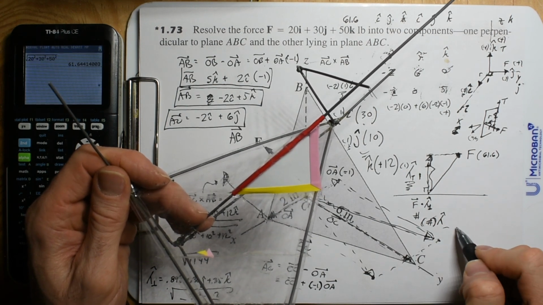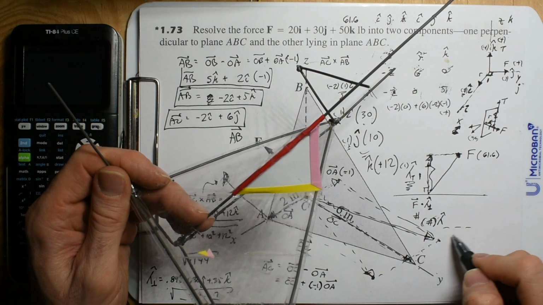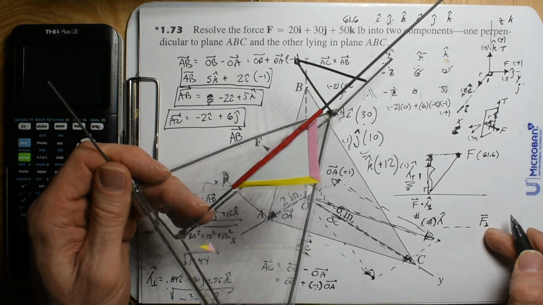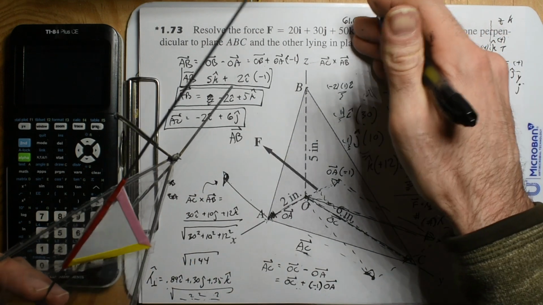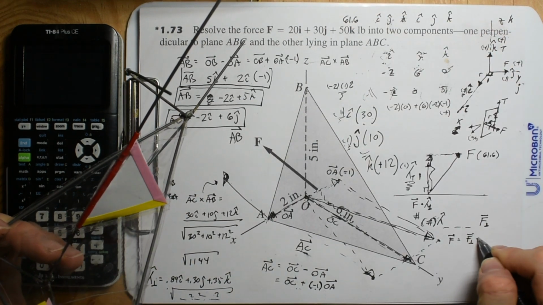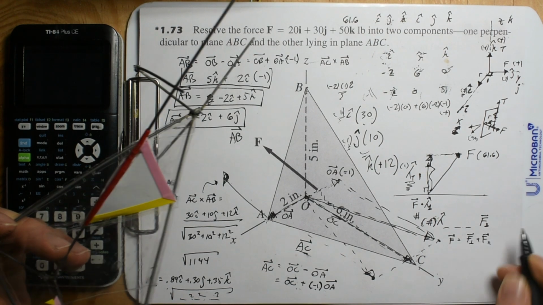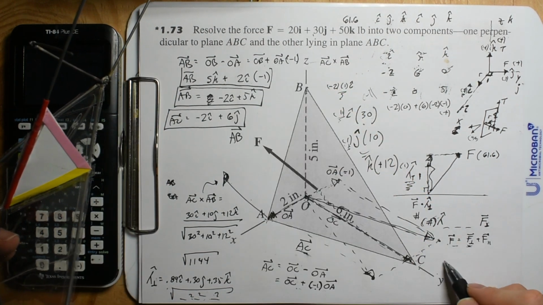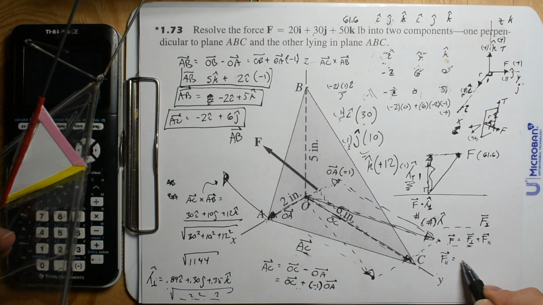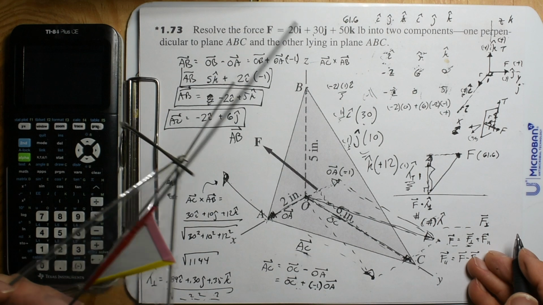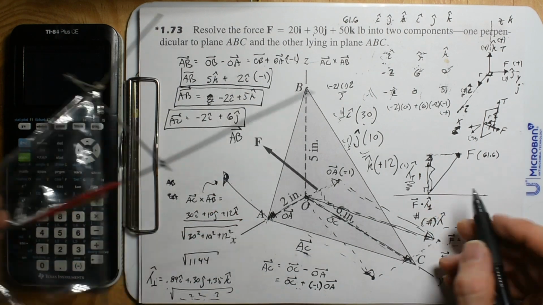That distributes through the i, j, and k terms, and this yields us the perpendicular component of the force. And again, just to foreshadow, we know that the force is equal to the perpendicular component plus the parallel component. We know what the force is. We know now what the perpendicular component is, so we can find the force parallel just by the total force minus the perpendicular force.